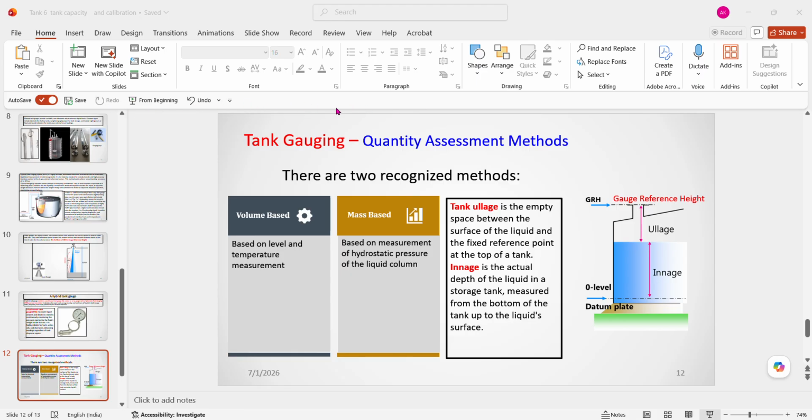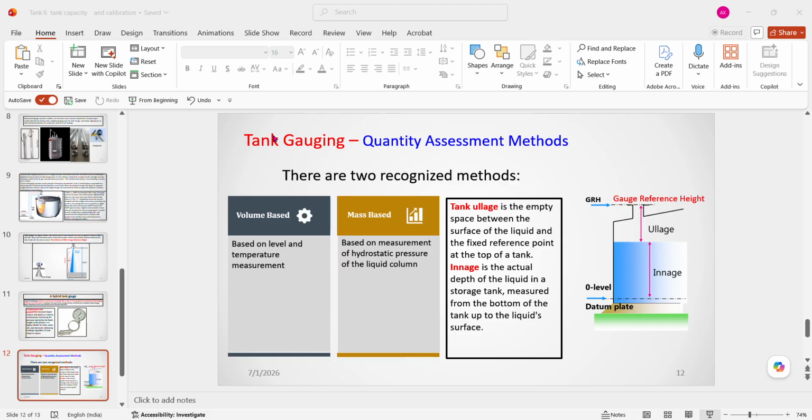This one is the normal fill level. Normally the liquid level will be up to this, and above the normal fill is the overfill protection level requirement.